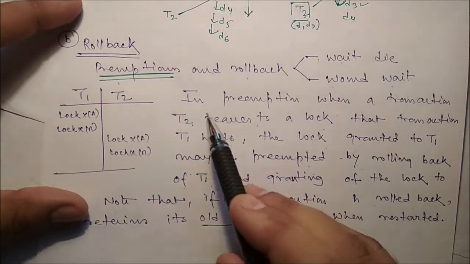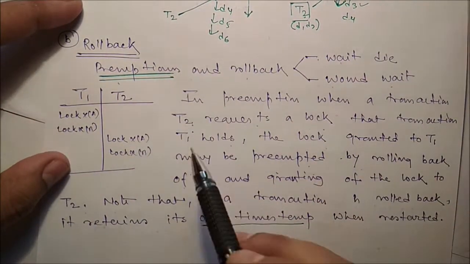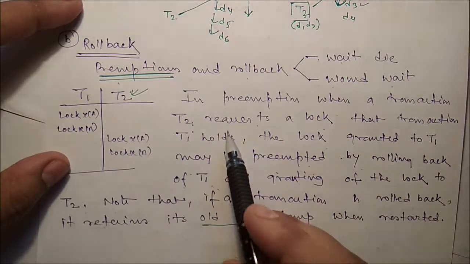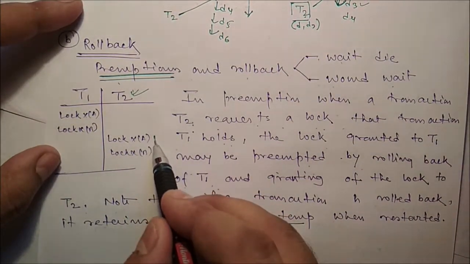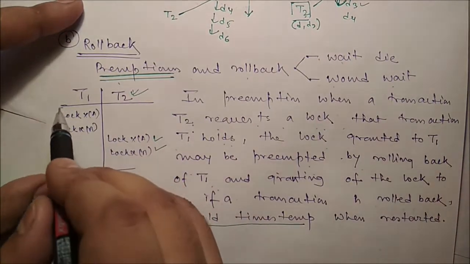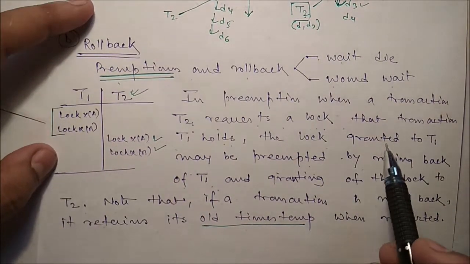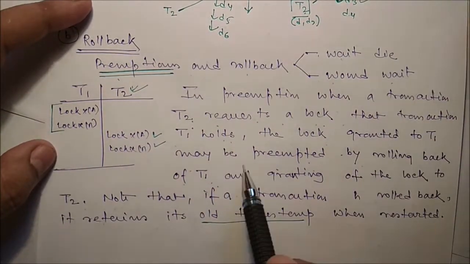Now see the meaning of preemption. When a transaction T2 requests a lock that transaction T1 holds, say T2 requests locks on A and B, but T1 is holding those locks.